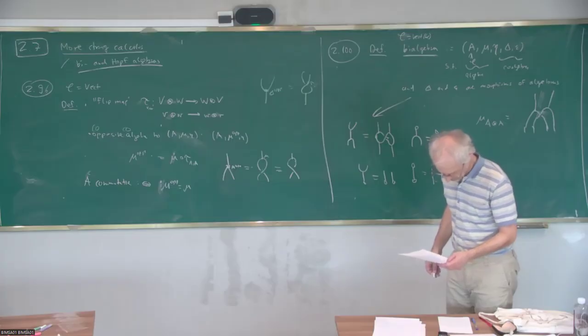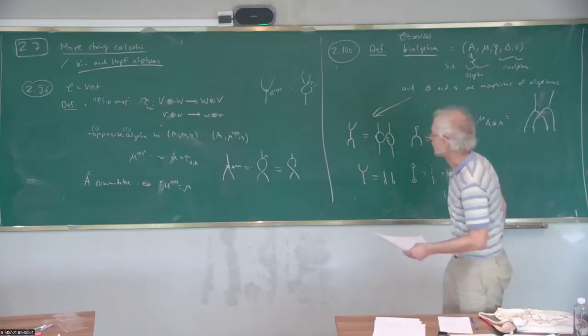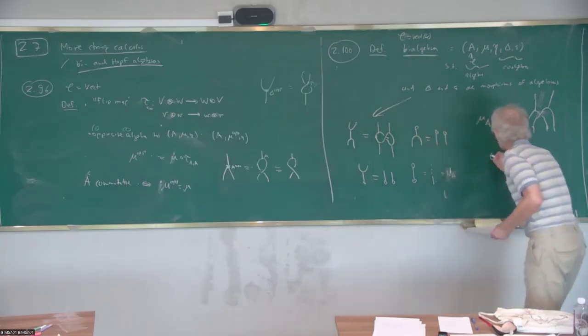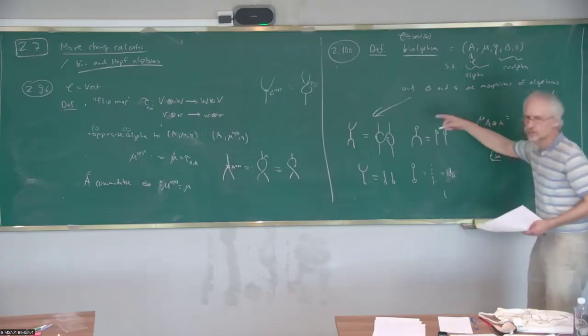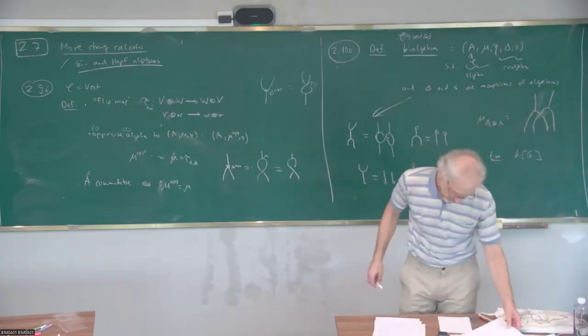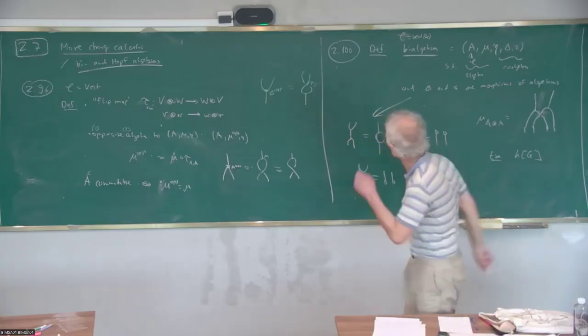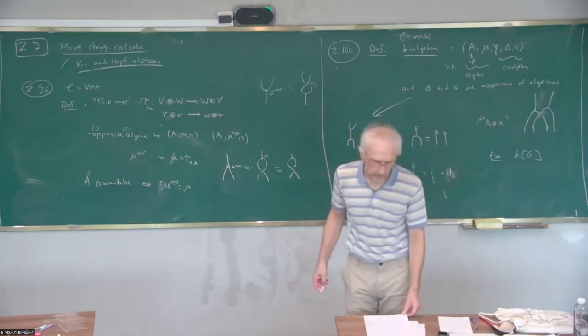And indeed, an example, if you take the group algebra K of G, then this is a bi-algebra with this co-product that I have indicated.